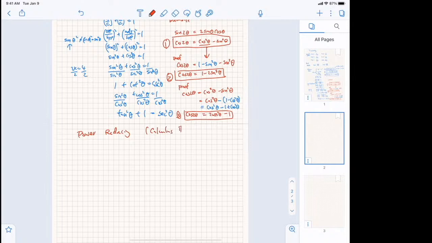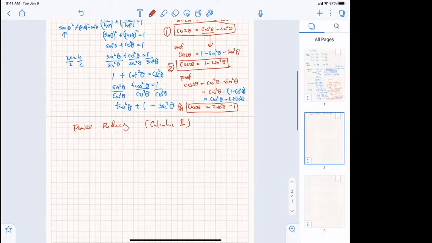And if you know for sure you're not going to be there, then I won't worry about it. But if you think about how to do power reducing, it's actually super simple. It is to use double angle identity, especially 2 and 3.